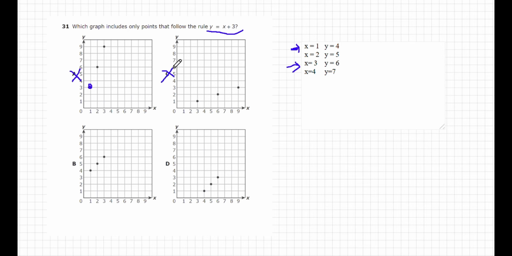C is also incorrect. B is the correct answer.